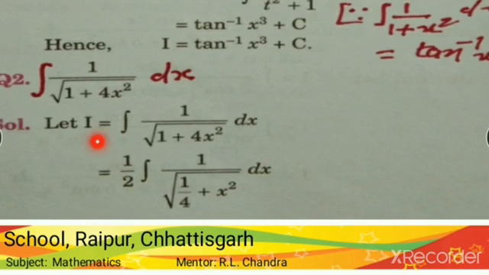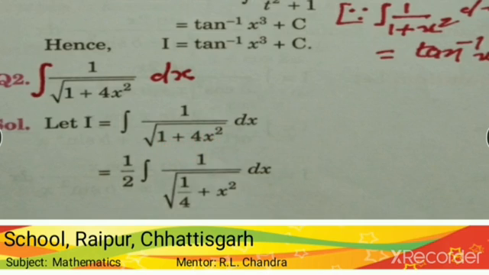Once again I repeat, I is equal to integration 1 upon under root 1 plus 4x square dx. To change this into integrable form, it will be easier to understand if in 1 plus 4x square we write 4 as common.